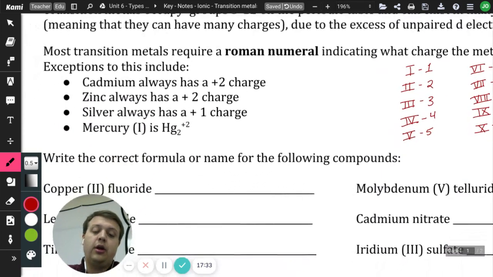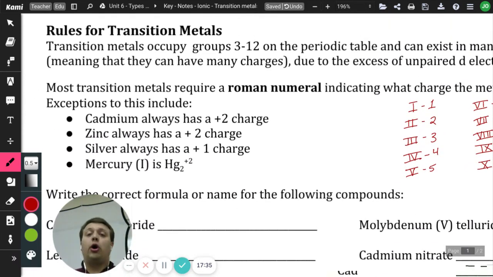All right? Now, you're always going to use a Roman numeral with your transition metals unless it is one of 3. Okay? So there are 3 transition metals that do not require a Roman numeral. Those 3 transition metals are zinc, silver, and cadmium. Why?